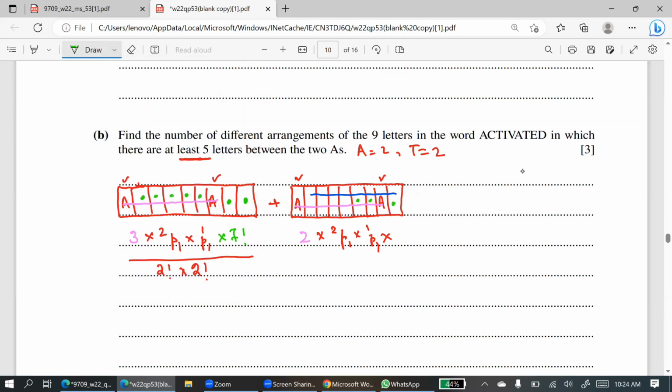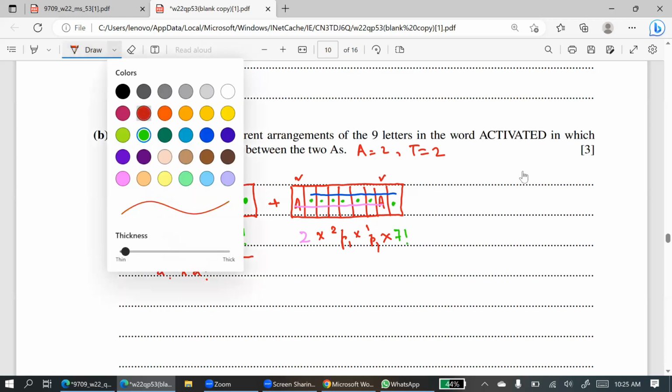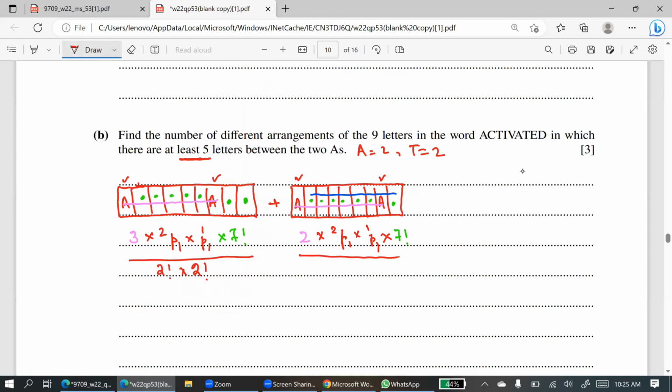Now we want to arrange letters in these green boxes. There are 7 boxes, so 7 factorial divided by 2 factorial into 2 factorial. Now there may be more than 6 letters between the A's. A at this place, A at this place.